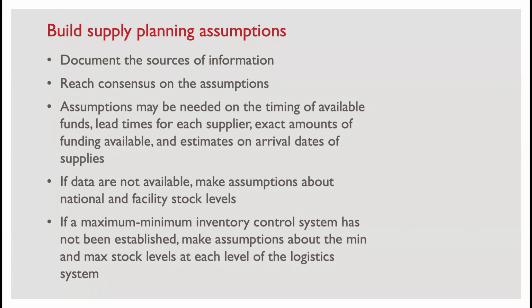For example, if we don't have complete stock on hand data, then we would have to make and agree on certain assumptions related to that missing data. And if we don't have a formal max-min stock level system in place, then we need to make assumptions about how much stock facilities at each level will need to hold.